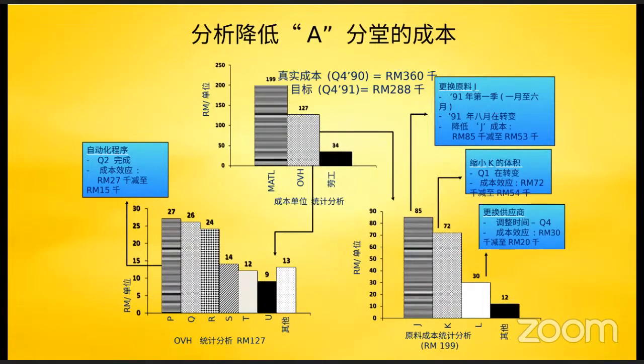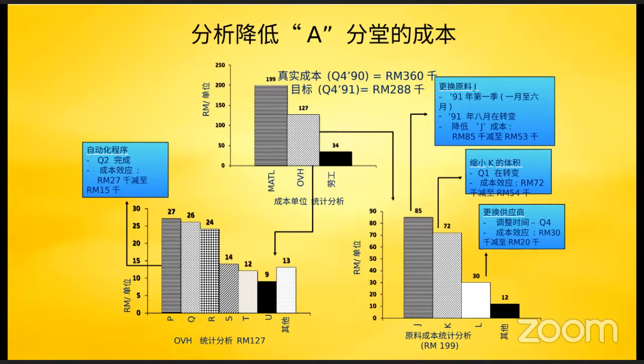So after you have done that, then you further go to the next stage. After identifying material and overhead as a major contributor, whereas labor is not that important, then you focus on these two areas, and especially on the material side, you look at three items or three methods to do cost reduction.